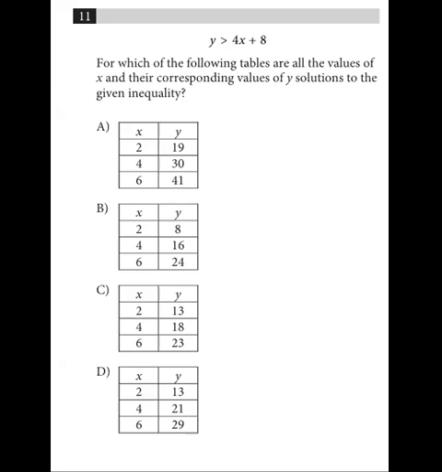Okay, so for question 11, which of the following tables has all the values of x and y as solutions? In this case, all the tables have x values 2, 4, and 6. So let's just plug those in. 4 times 2 is 8, plus 8 is 16. So y has to be greater than 16. Then for 4, we have 16 plus 8, which is equal to 24.